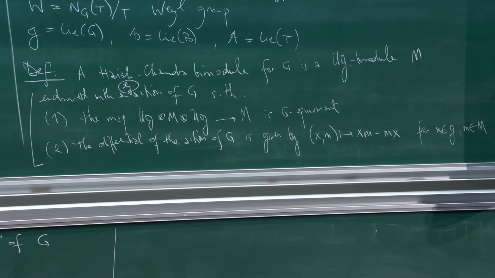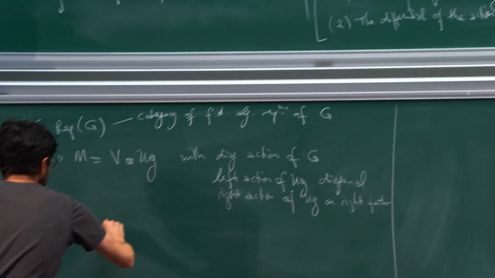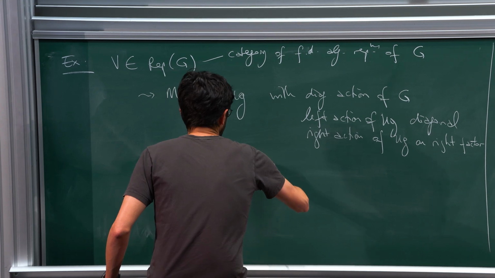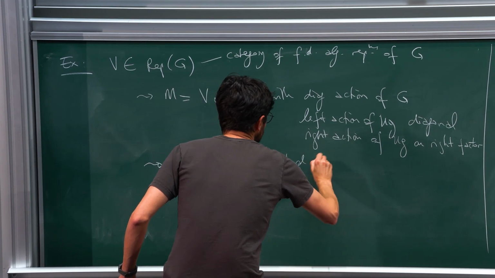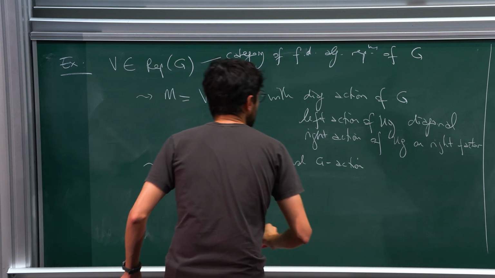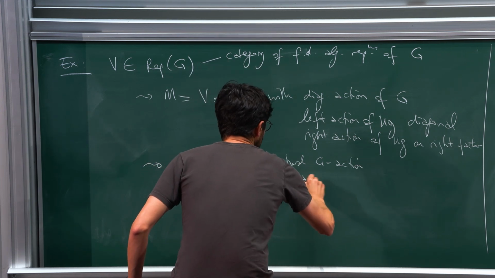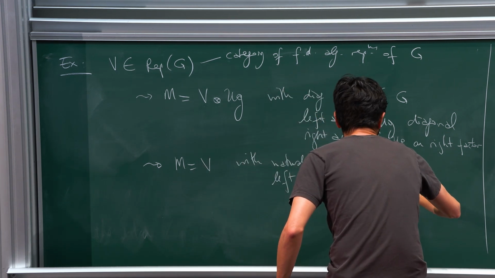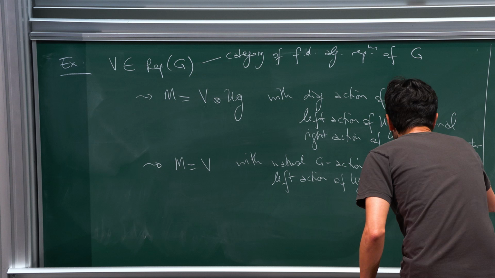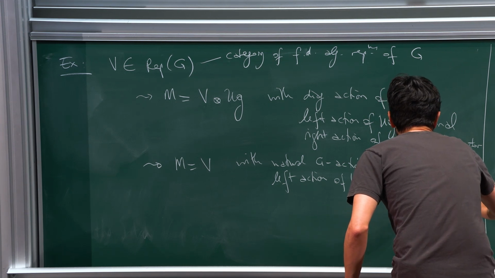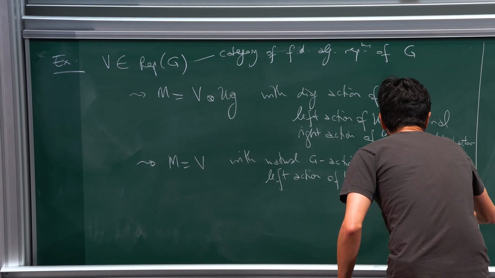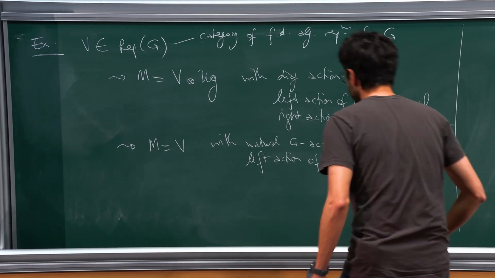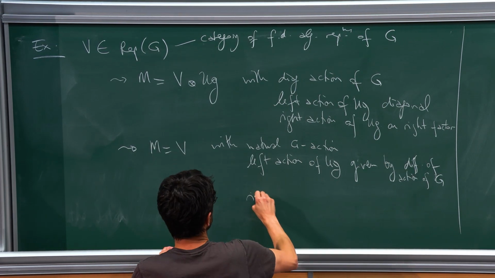And another example, which is even simpler, is to take a V with the natural G action, the left action of UG given by the differential of the action of the group, and the right action, which is trivial.